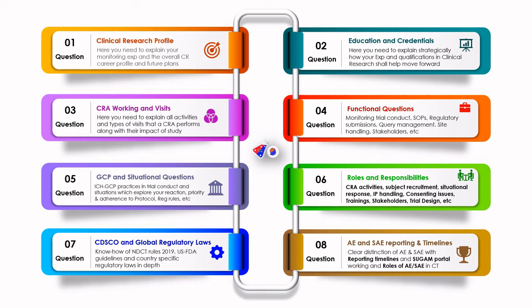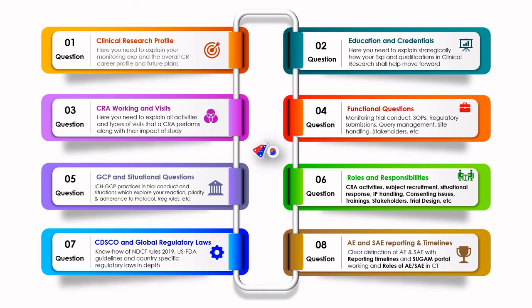So a CRA with a high level of ethics will clearly ask the site to report the adverse events and the medical history, so that whenever the drug's efficacy or safety is analyzed by the medical team, they have a clear idea of what kind of molecule we are dealing with and what effect it has. So these are the 8 fundamental questions they ask you in a clinical research associate interview.